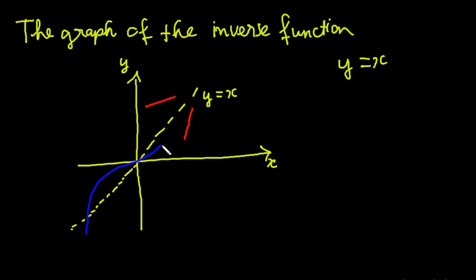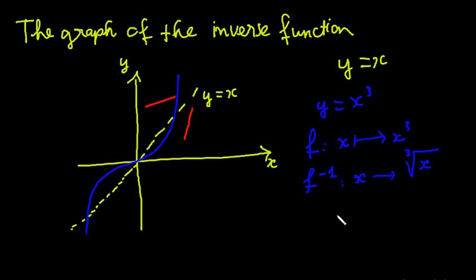Here, y equals x to the power 3, and now I want to sketch the inverse of x to the power 3. Now I want to sketch the graph of y equal to this one.